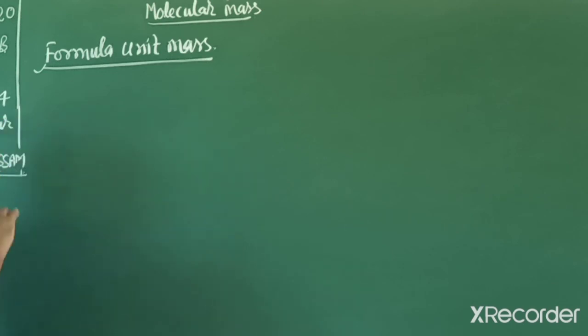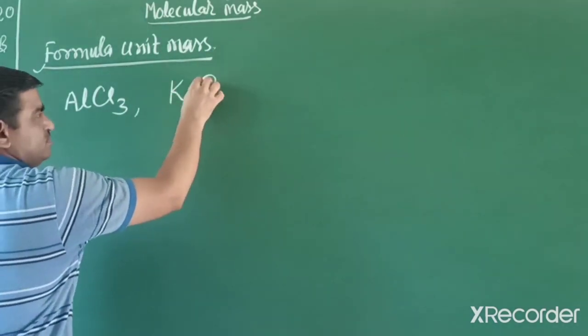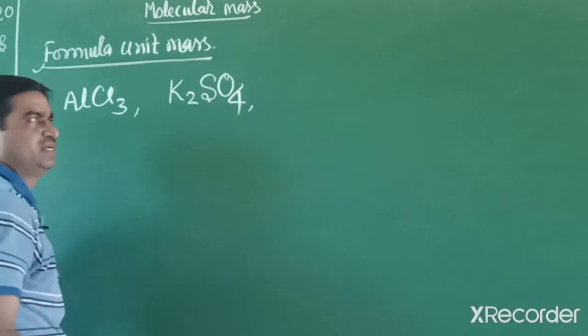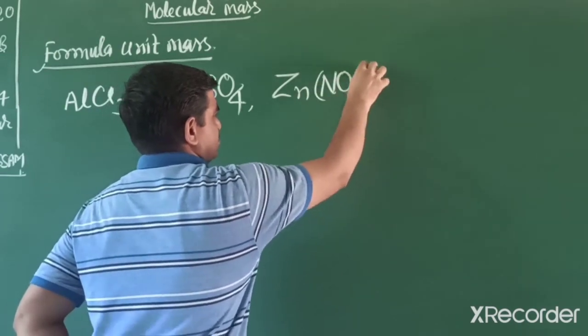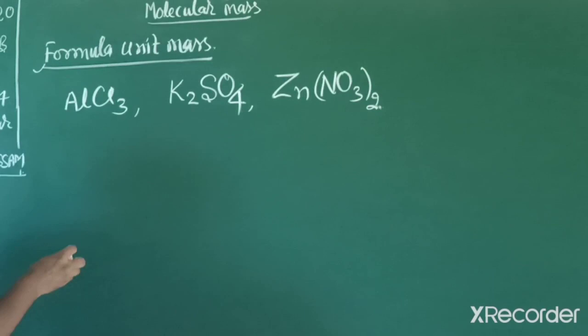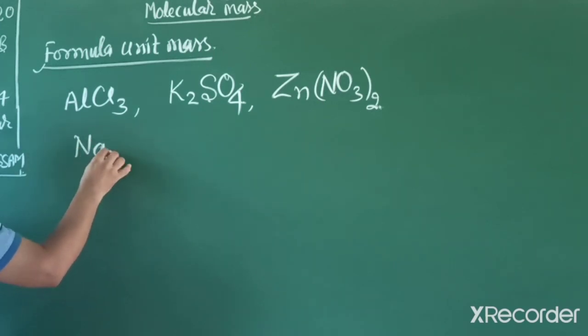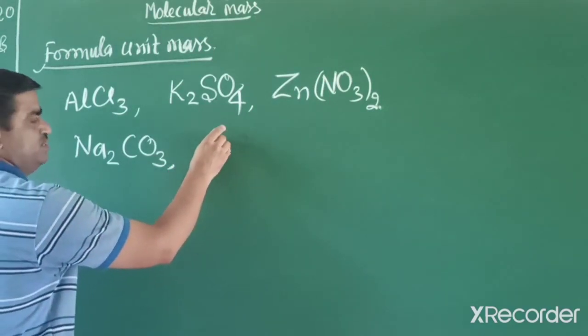You have to find out the total formula unit mass of aluminium chloride, potassium sulfate, and zinc nitrate, other one sodium carbonate, sodium sulfide.